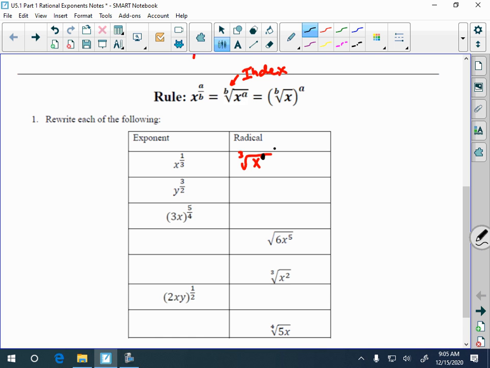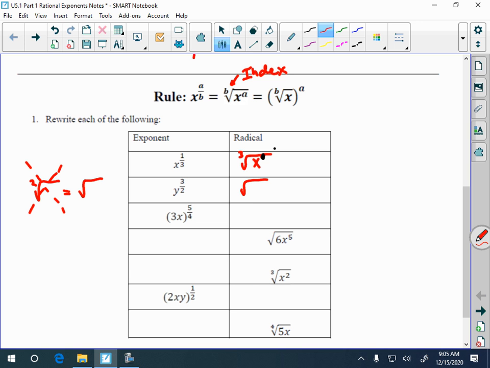All right, the second one, so y to the 3 halves. So now this is a square root. Now, a square root, you don't typically put a 2 there. All right, so you want to remember that a square root is the same written either way. But you never see it with a 2 there. Right?